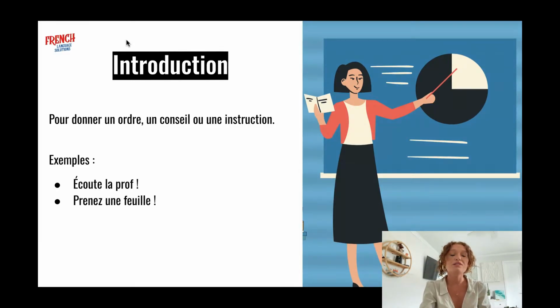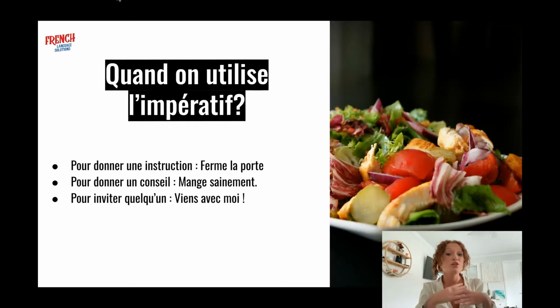So now we're going to see how do we construct it, how do we use it. First question is when. When do we use the imperative? Quand on utilise l'impératif? As we said, pour donner une instruction, to give an instruction. Exemple, ferme la porte, close the door. Pour donner un conseil, to give an advice.